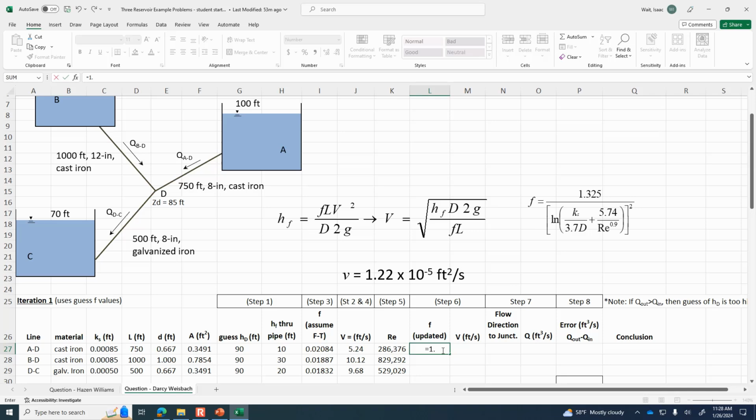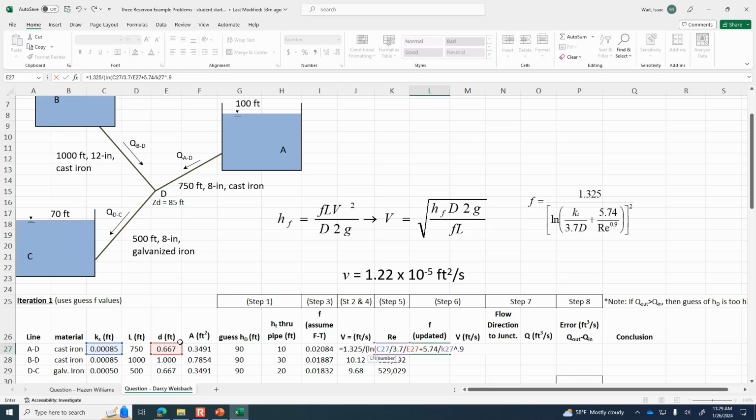So equals 1.325 divided by parentheses ln parentheses of K sub S, just clicking on the cell location, divided by 3.7 divided by D plus 5.74 divided by the Reynolds number, that is in cell K27, to the power of 0.9.